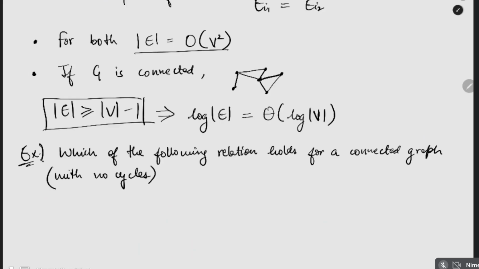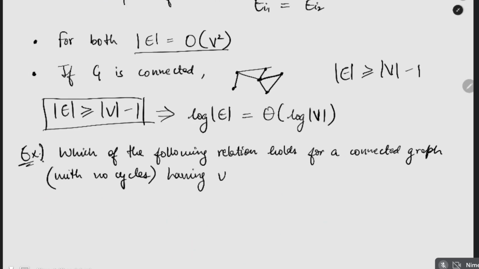The graph has no cycles because the minimum condition, that the cardinality of E is equal to the number of vertices minus one, happens only when there are no cycles in this graph. If the cycles are introduced, then the number increases. But for a connected graph with no cycles, that property holds true. And basically, that is what the question is.